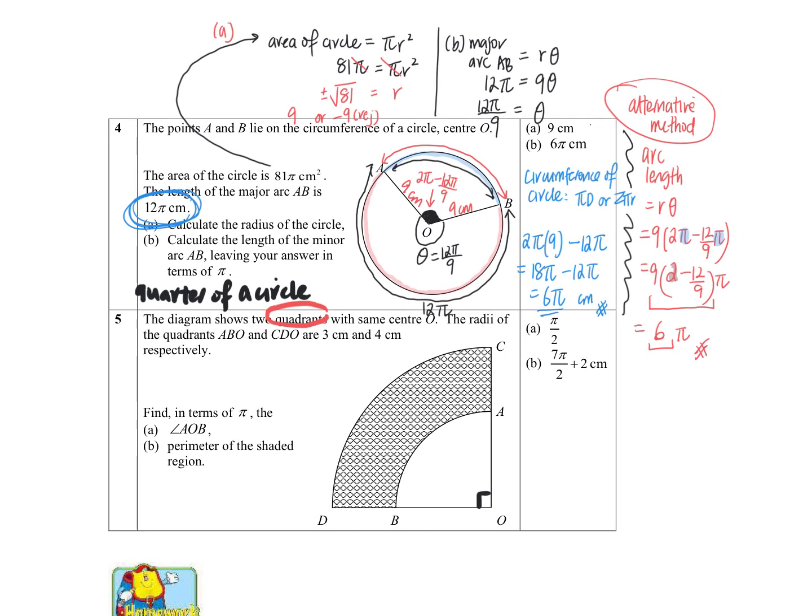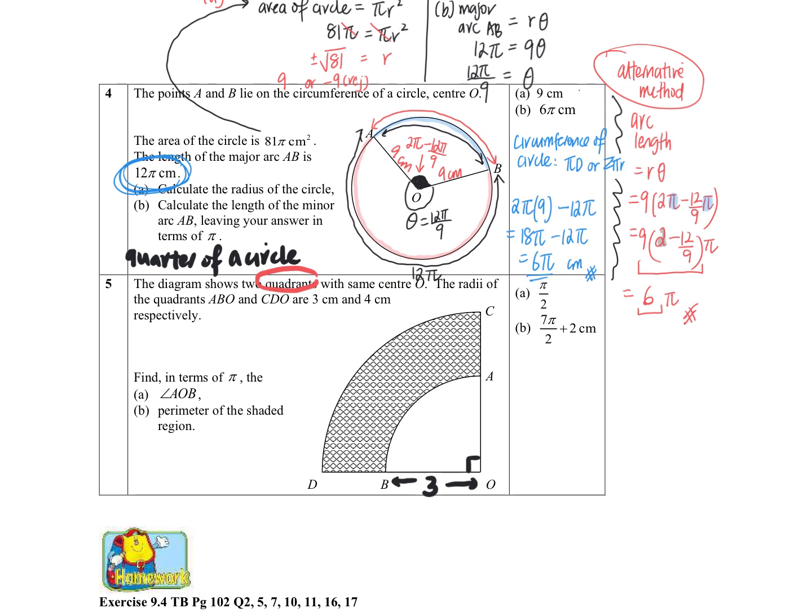Then they say the radius of ABO, the small one, is 3. And the big radius is 4. So they say, can you find the angle AOB in radians?